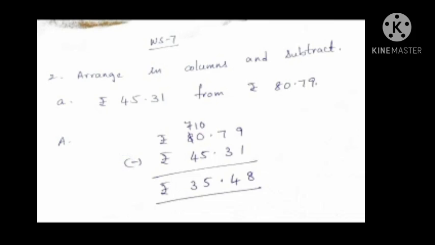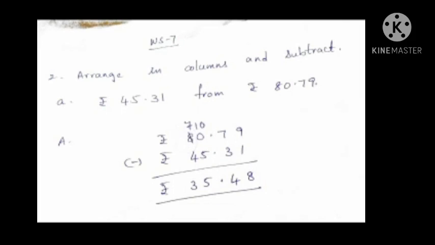We'll do the subtraction in the same way as with the numbers. See children. 9 minus 1 is how much children? 8. 7 minus 3 is 4. This dot remains in the same column. Next, we cannot separate 5 from 0. So from 8 we have to borrow.